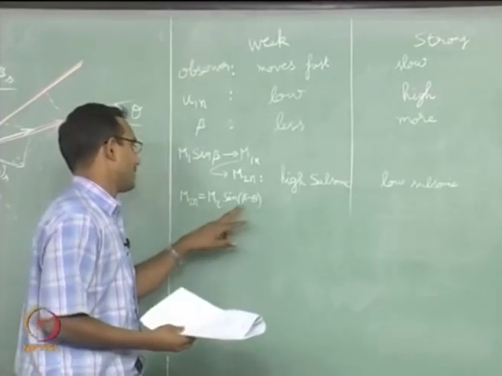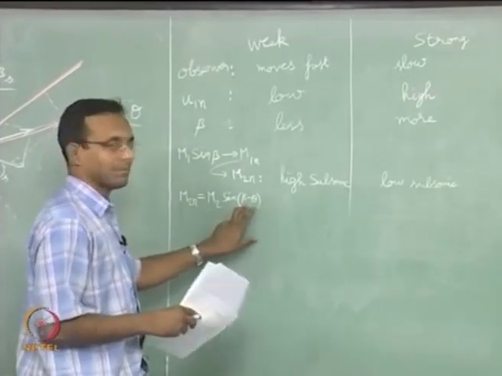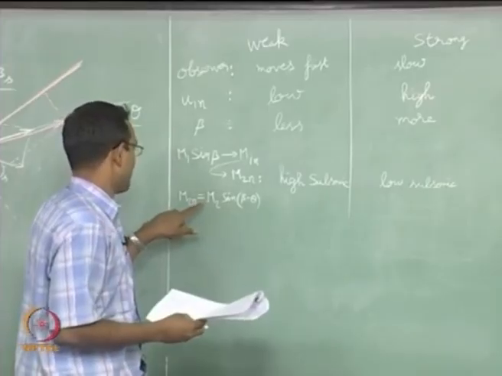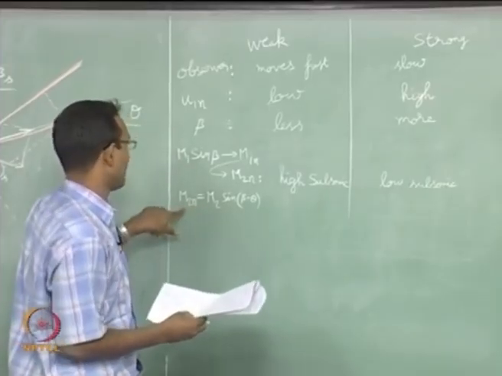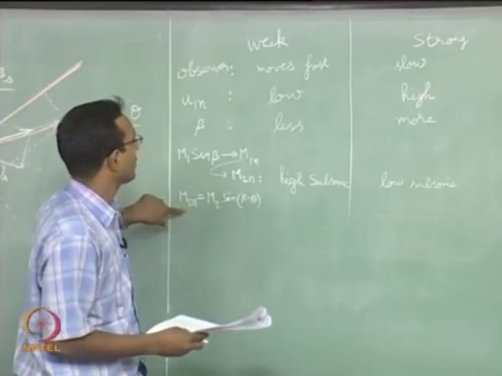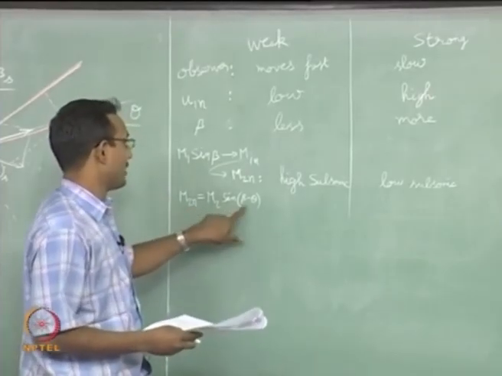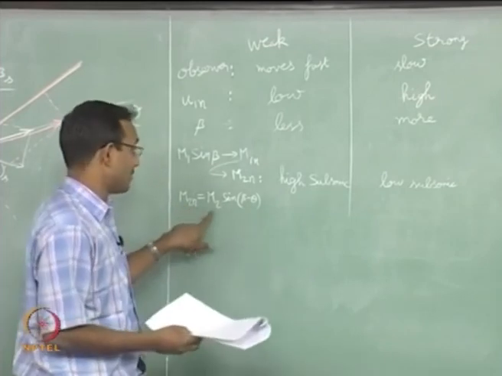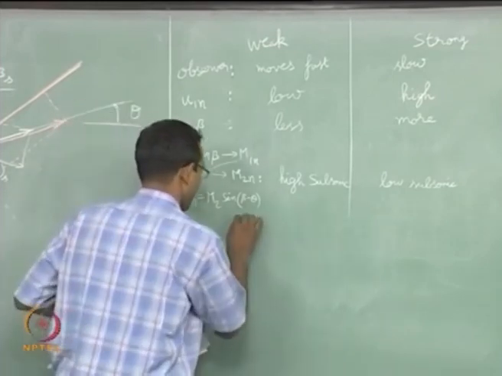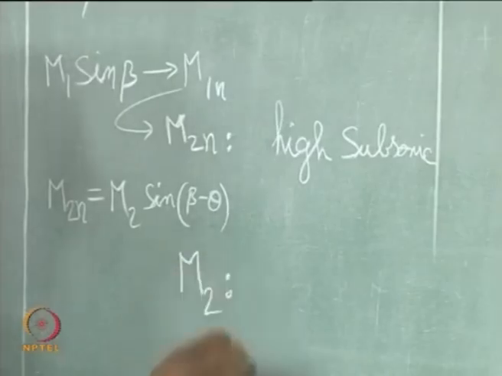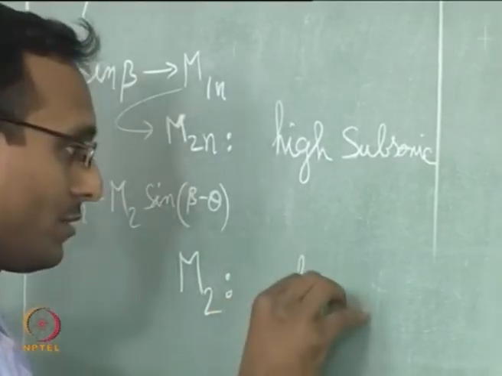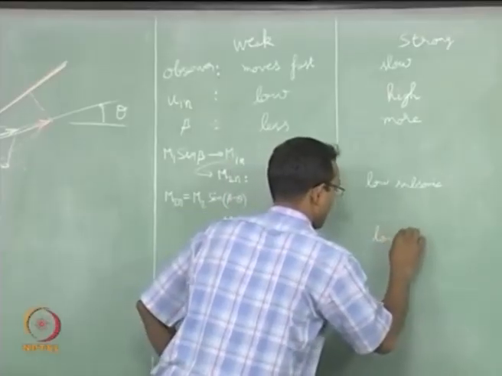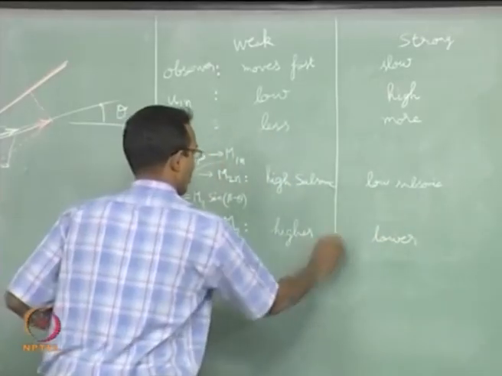Now we said that beta is low, theta is the same, and M2 normal is higher for a weak shock. Beta is low, M2 normal is higher, which means M2 must be higher. That is what I am interested in. For M2, here it will be higher, here it will be lower. How will I know it is lower for strong?